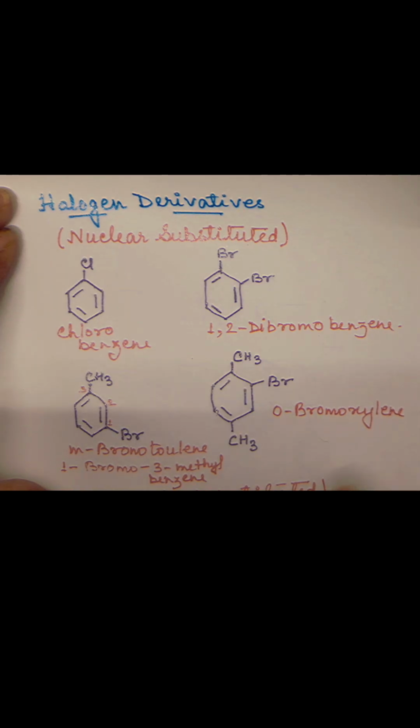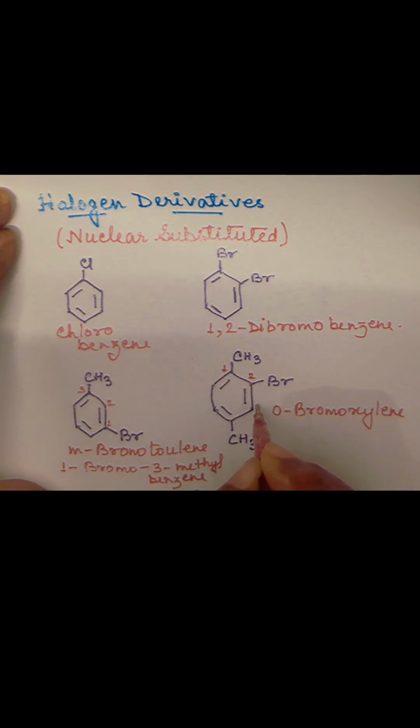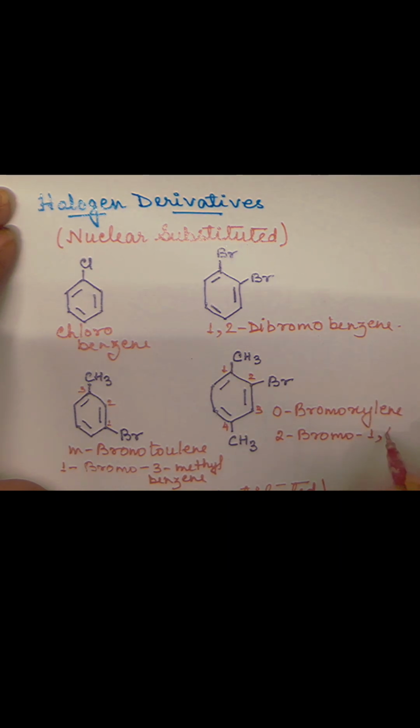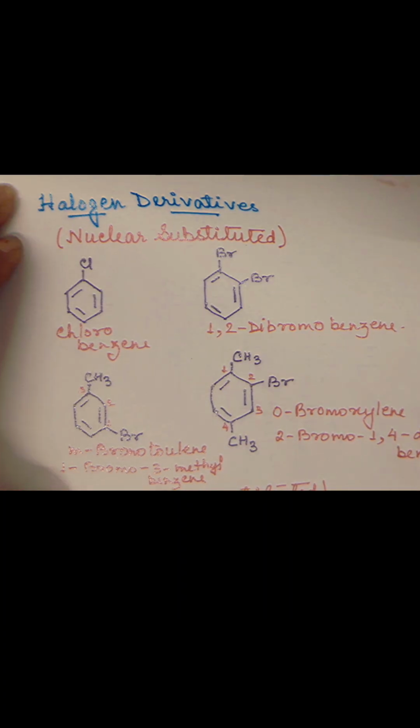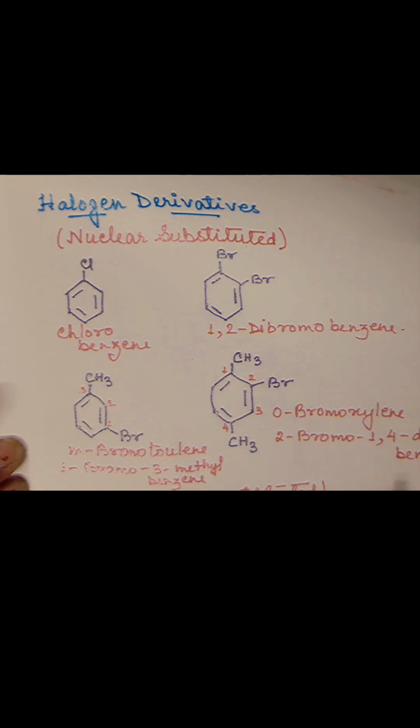But going by IUPAC nomenclature, the numbering would be 1, 2, 3 and 4, so we would name it 2-bromo-1,4-dimethylbenzene. Sorry, not benzyl, benzene.